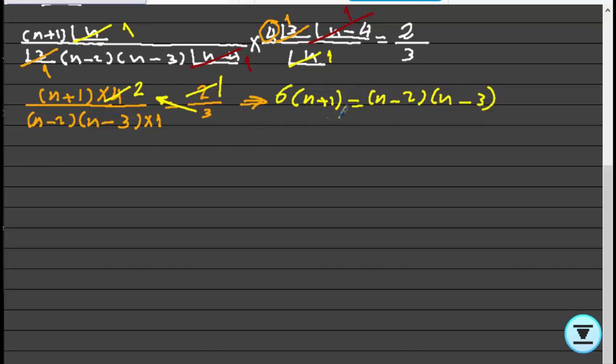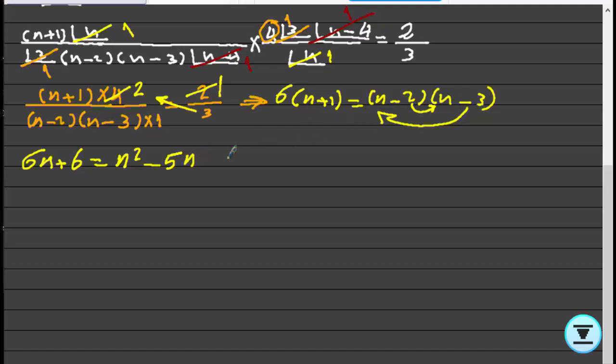So we expand these brackets. 6 multiplied by (n+1) is 6n plus 6, which equals (n minus 2) multiplied by (n minus 3), which is n squared minus 2n minus 3n, which equals minus 5n.